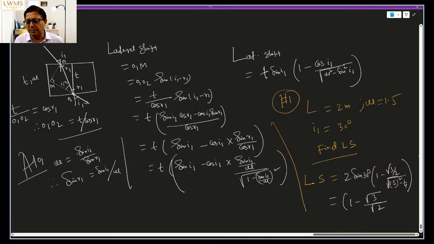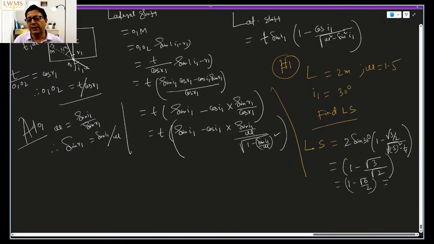So it's coming something like this. 1 minus... you can easily find how much is the lateral shift from here. Root 6 value you substitute. Approximately 2.42, something like that. Okay.